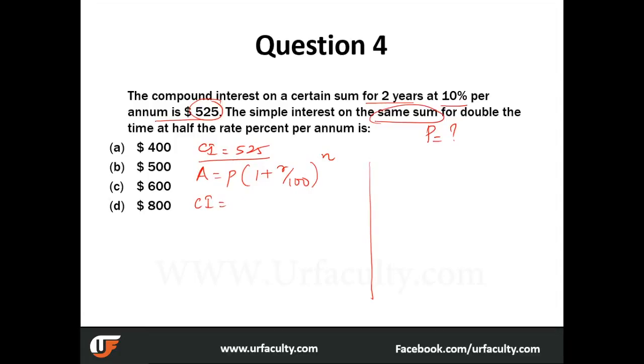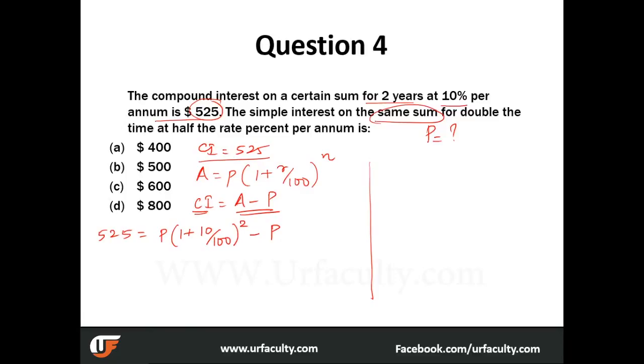CI is equal to A minus P. CI is being given here, right? So 525 is equal to, what is A? A is equal to P into 1 plus R by 100 power n. So we don't know P, and 1 plus R is 10 by 100 power 2 minus P.